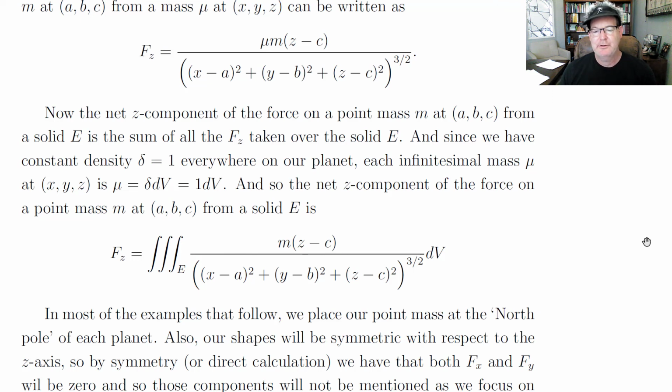Although it's not too hard to show that the farther you are away from the solid, the more it looks like all the mass is at the center of mass. So for all shapes except for a sphere, you can't put all the mass at the center and get what the gravitational pull will be. You actually have to do the triple integral. But the farther away you are, the less that matters.